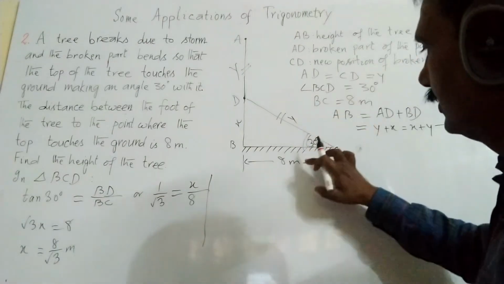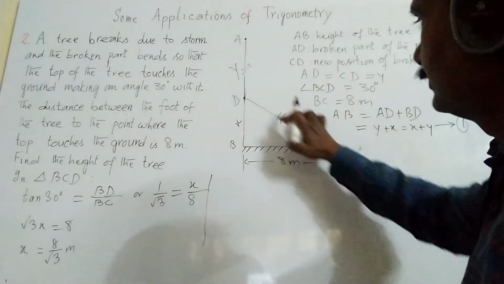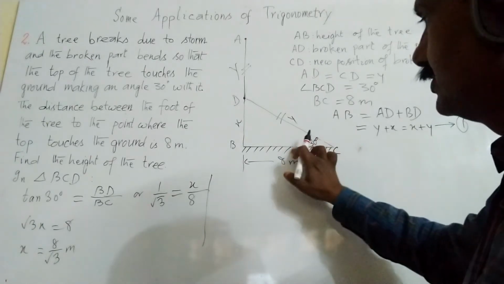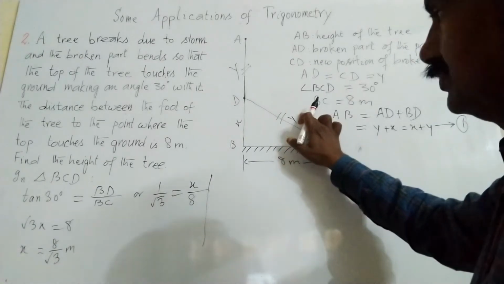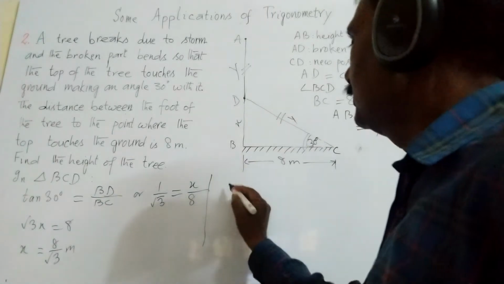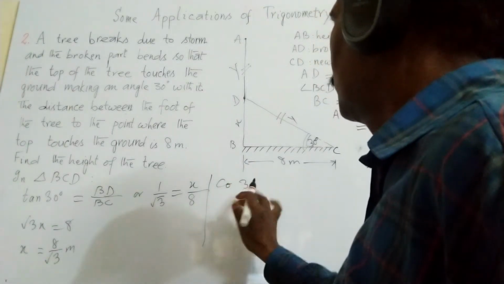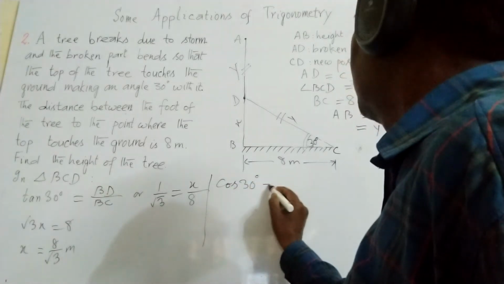Now let us see the relation between BC and CD. For this angle, this is base and this is hypotenuse. For base and hypotenuse, what is cos 30 degrees? Cos 30 degrees equal to base by hypotenuse.